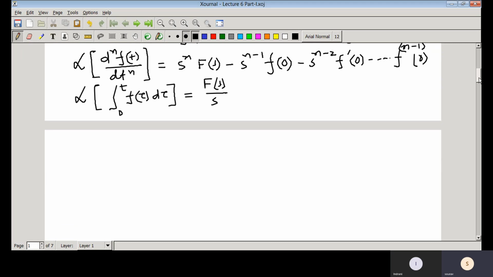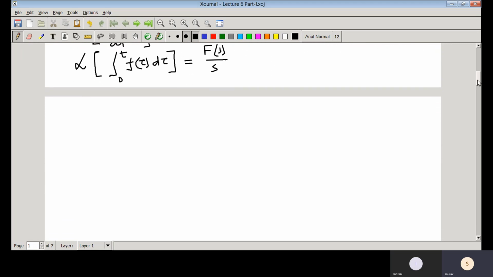And there is one important property of Laplace transform. If you take the Laplace transform of the convolution of two signals, it would be the product of the two Laplace transformed functions.